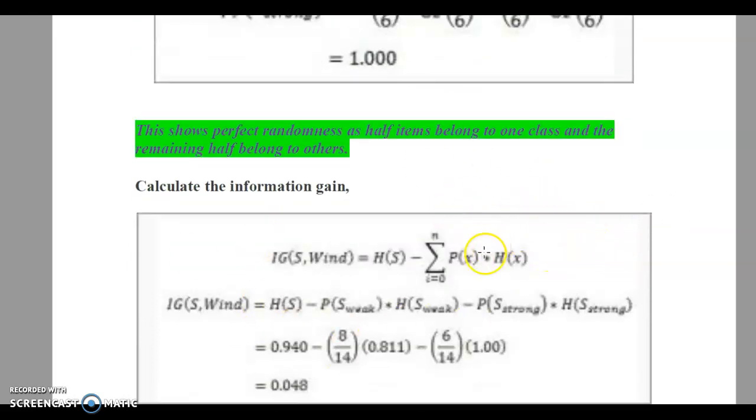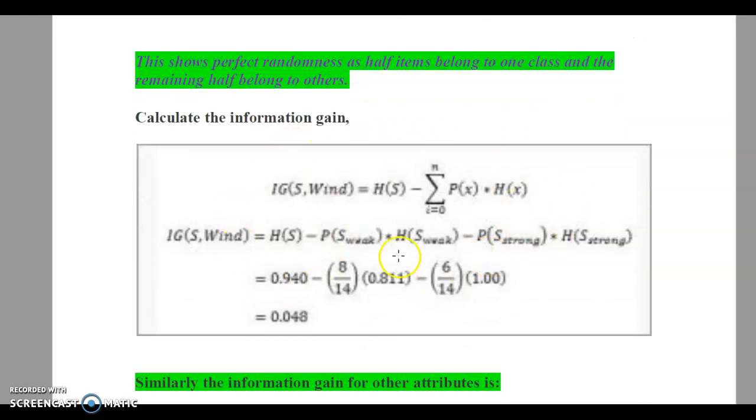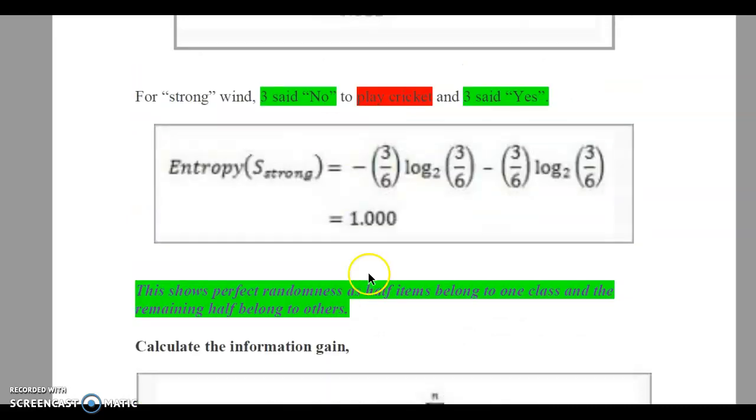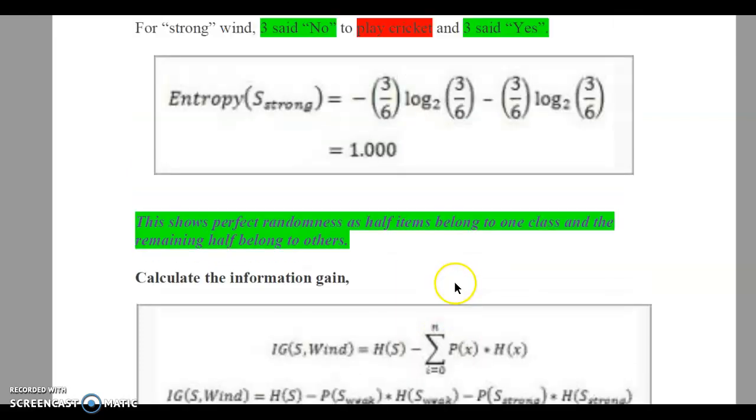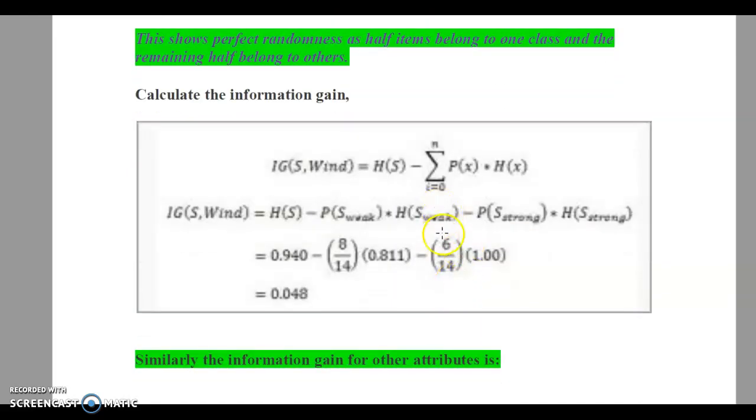Now calculate the information gain. The formula: first the entropy of the sample, that is 0.940, minus the probability of weak multiplied by the entropy of weak, minus the probability of strong multiplied by the entropy of strong.